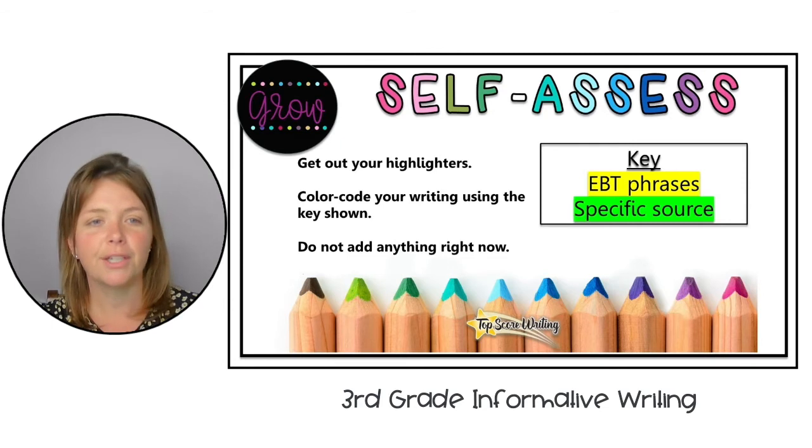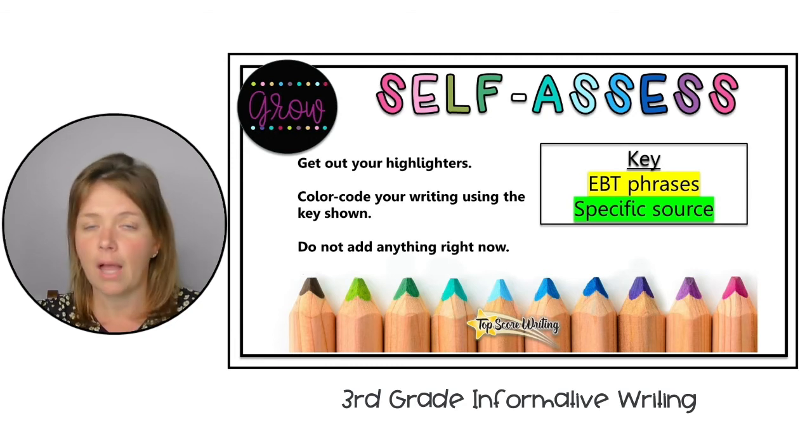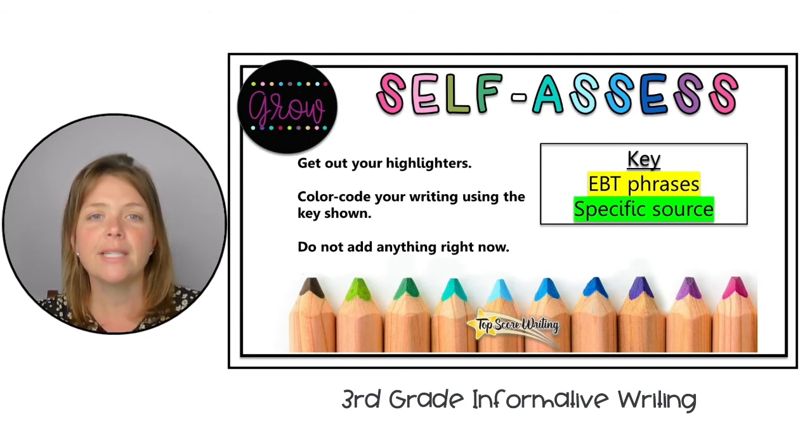You're going to color code your writing using the key that is on your screen. You're going to take a yellow highlighter, crayon, marker, whichever material you're using, and you're going to highlight those EBT phrases. So those are the phrases that you've included in those T2 paragraphs. Maybe you said, according to the article, and you listed the article title.